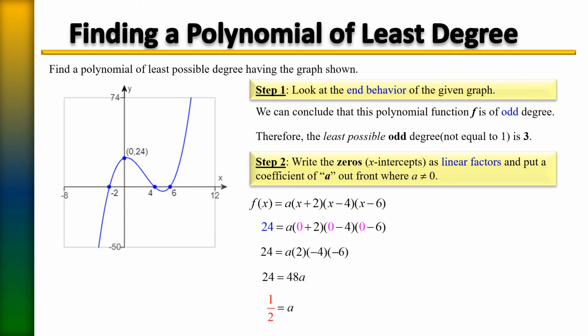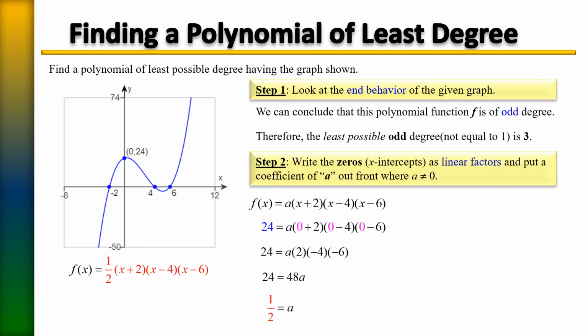So putting it all together then, this polynomial function of third degree would be 1/2, and this is writing it in linear factorization form, times x plus 2 times x minus 4 times x minus 6.